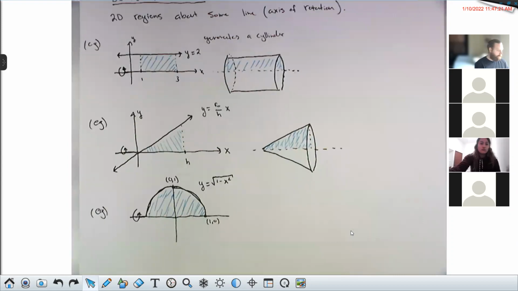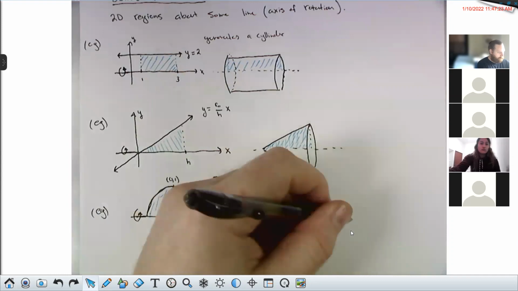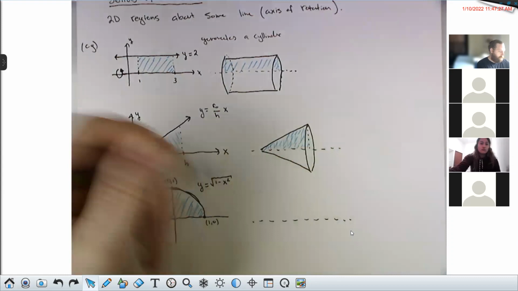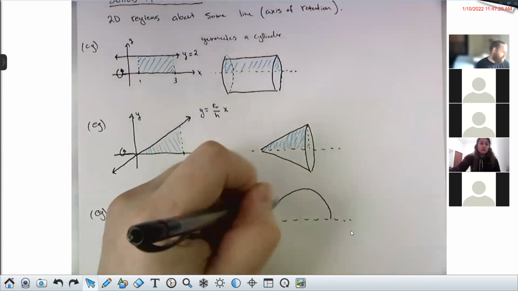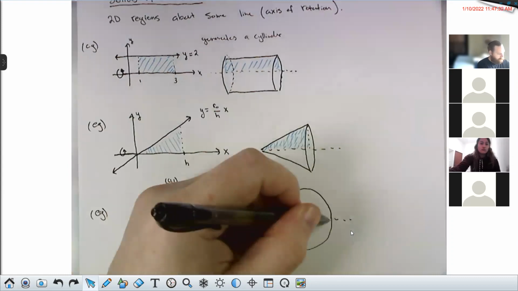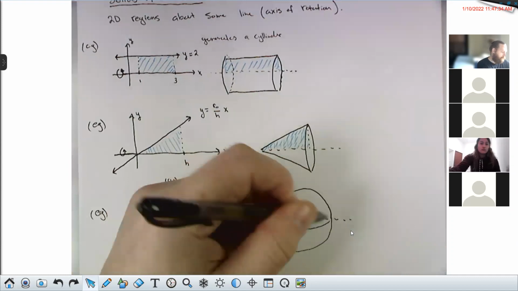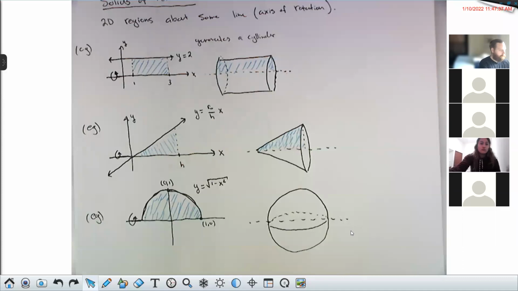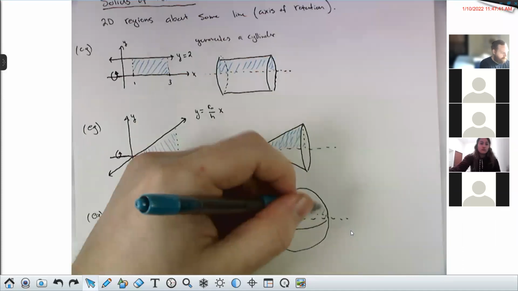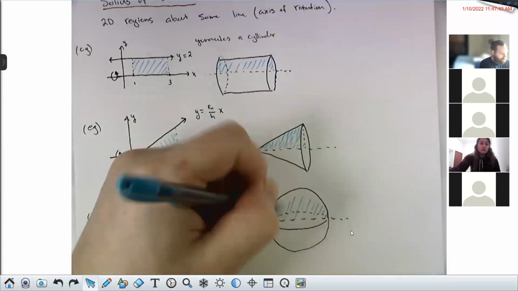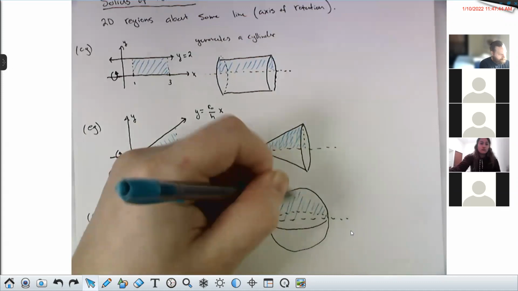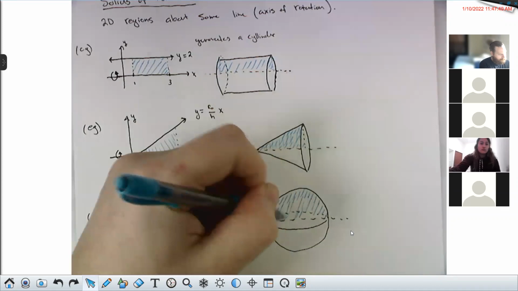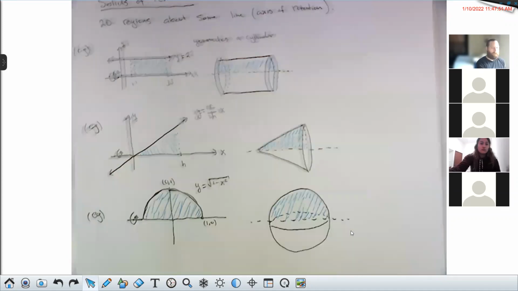This would be a sphere, right? And again, I can imagine my axis of rotation over here. And I'll do my best to draw you a nice sphere. All right, we would get a sphere like this. There it is, right? We would get a sphere.